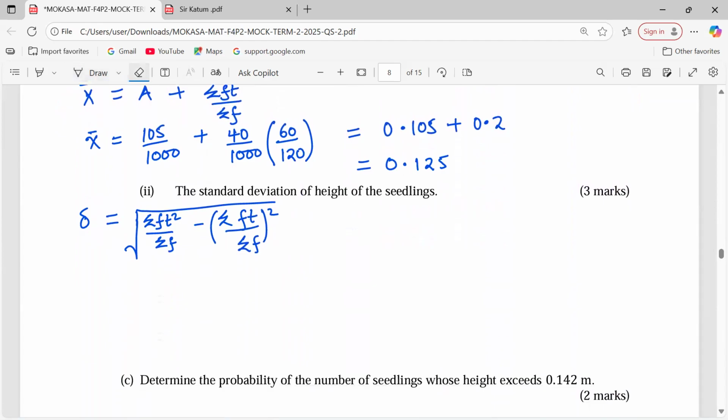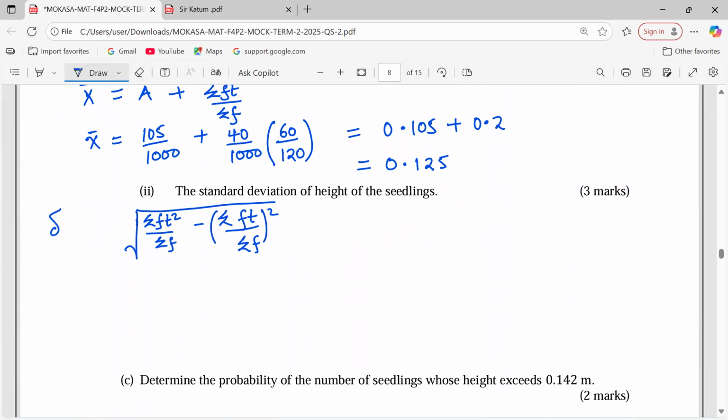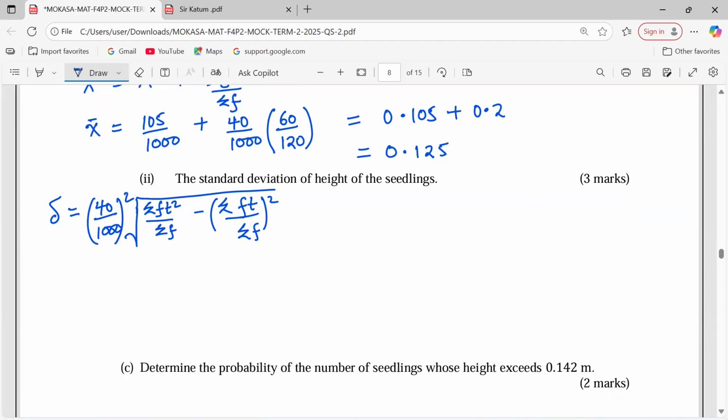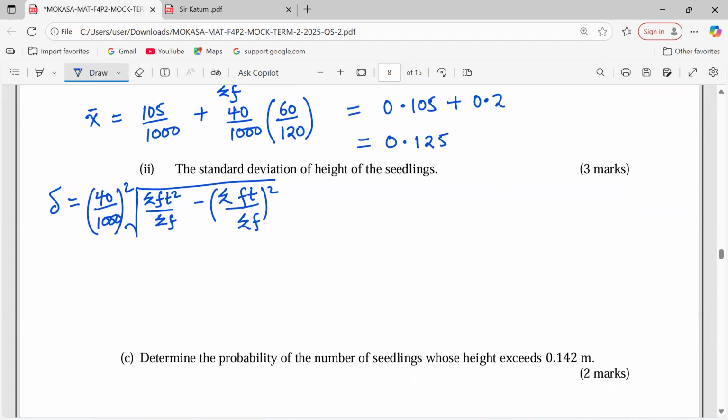So the constant which has been applied, we should now have it as the reciprocal, 40 over 1,000, and we square this part. Therefore, the constants that we applied should also be introduced at this point, and we square them also.